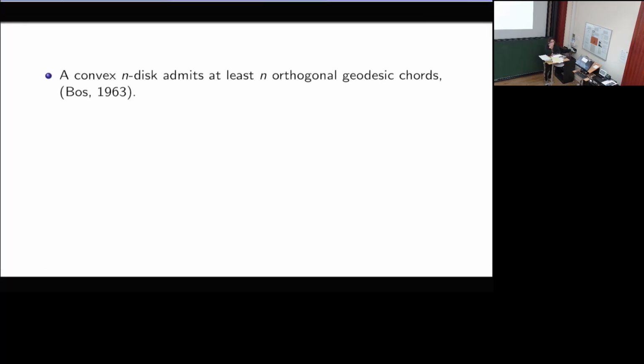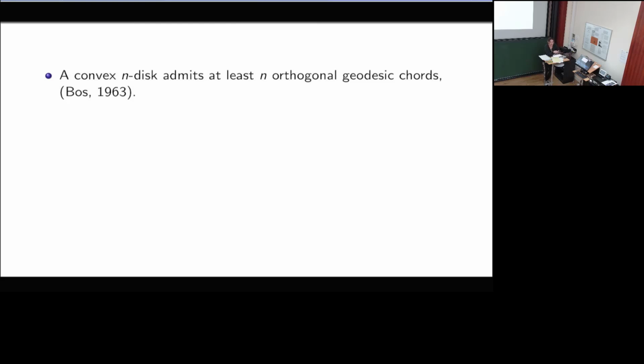There is a little bit of history, beginning with Lyusternik and Schnirelmann, who showed that if you have a disk in Euclidean space with a convex boundary, there should be at least n. So this is similar to this three geodesic theorem.